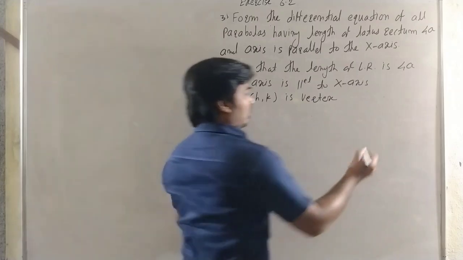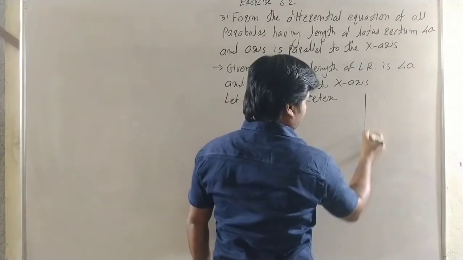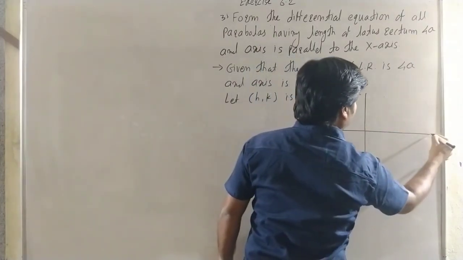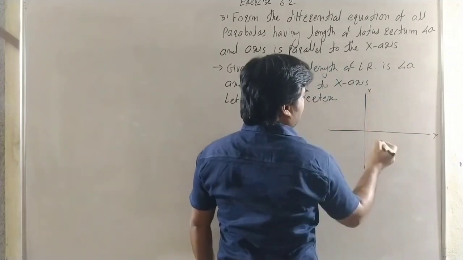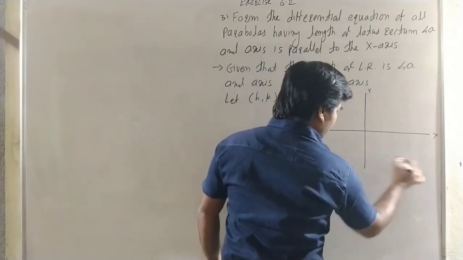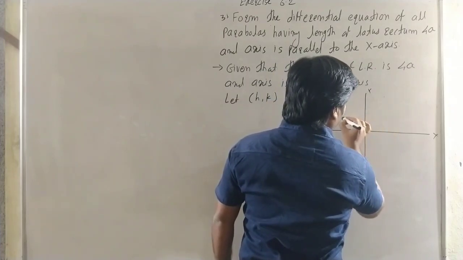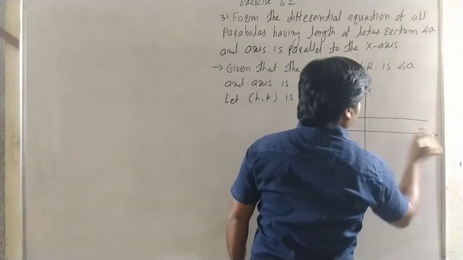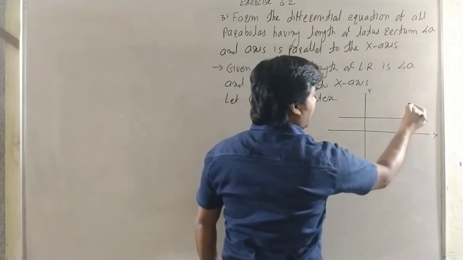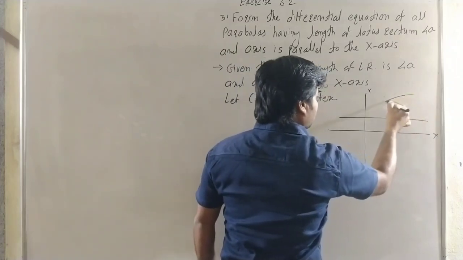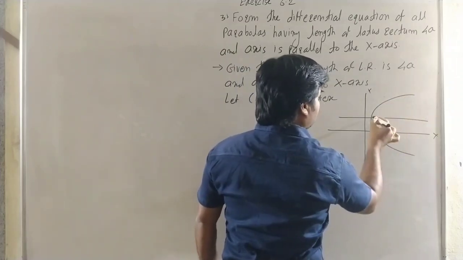That means our parabola becomes like this. It is the x-axis, it is the y-axis. The axis is parallel to the x-axis. We can draw here, here, or here. Here, the axis of the parabola is this. It is parallel to the x-axis, and the vertex is h comma k.